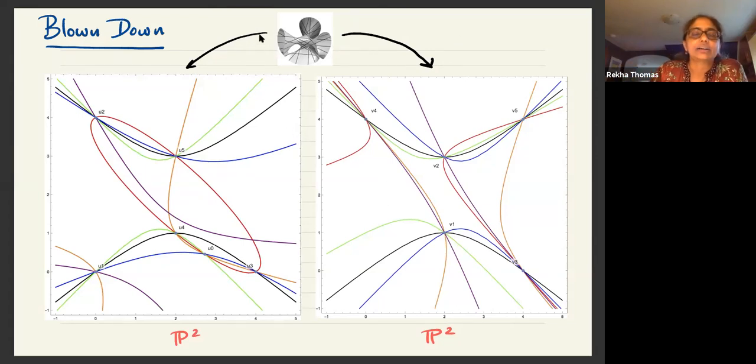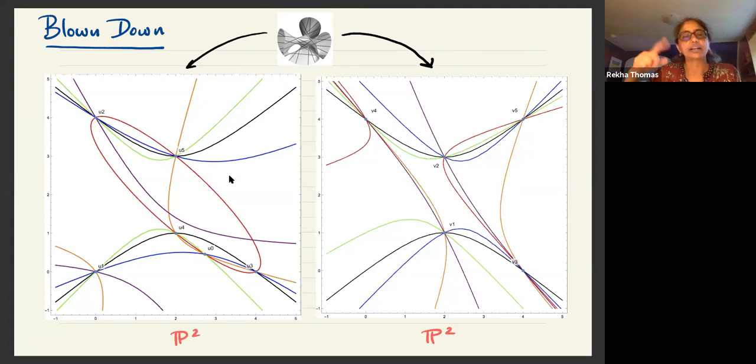And if you do that, on the one hand, what happens is if you blow down to the left, as I've shown here, all the U lines that were on the surface map to the U points. Okay, so I get 6 points here, which are marked with U's. They come from the U lines that were on the cubic surface. And all the V lines that were on the cubic surface map to conics.